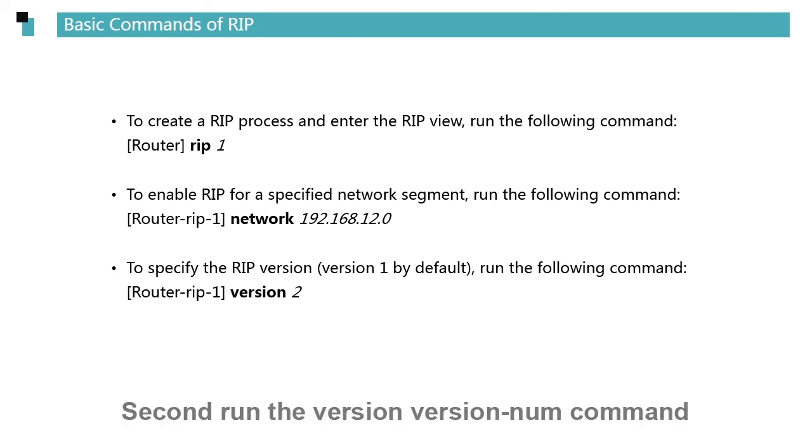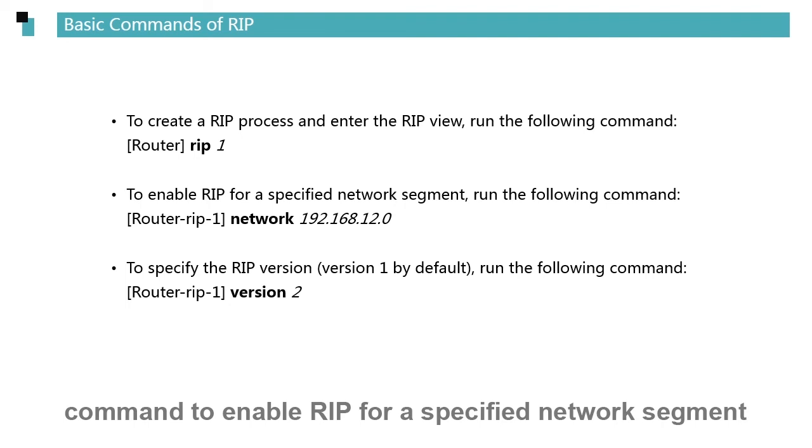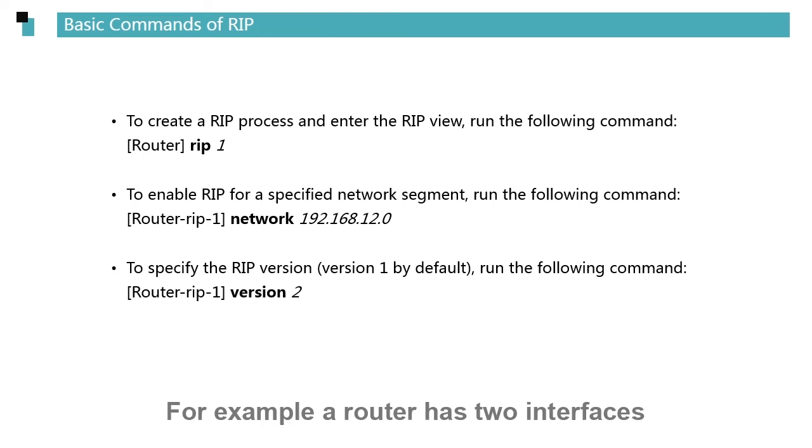Second, run the version num command to specify the RIP version. Version 2 is recommended. Third, run the network address command to enable RIP for a specified network segment. For example, a router has two interfaces.